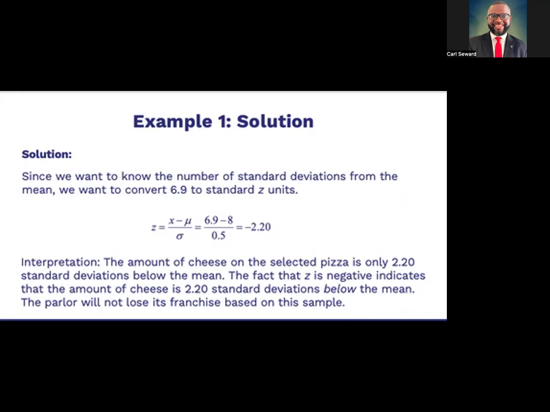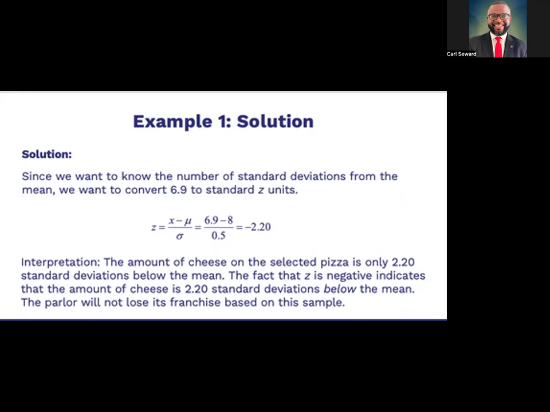So what this is telling me is my z-score is negative 2.20, or that the amount of cheese on the selected pizza is only 2.2 deviations below the mean, because it's negative. And the fact that the z-score is negative indicates that the amount of pizza cheese is 2.2 standard deviations below the mean.